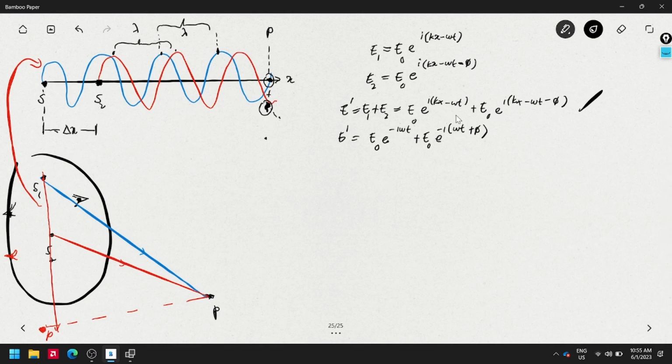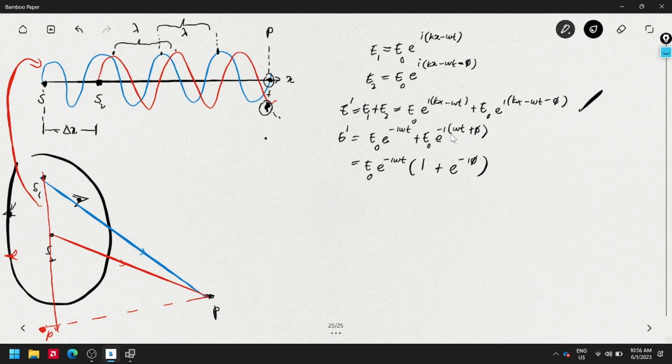So finally, you can simplify this into e^(minus i omega t) times 1 plus e^(negative i phi). Okay. Are you okay?